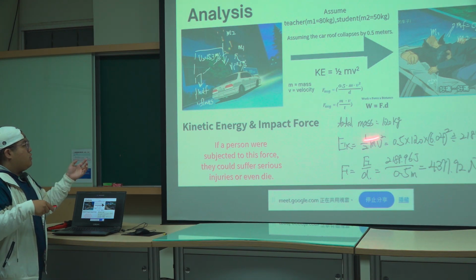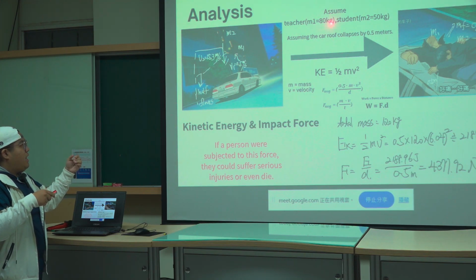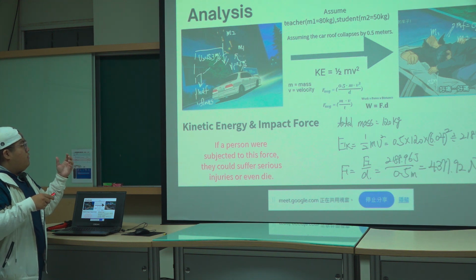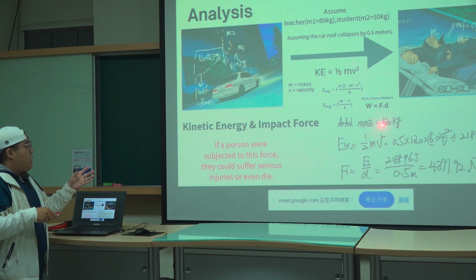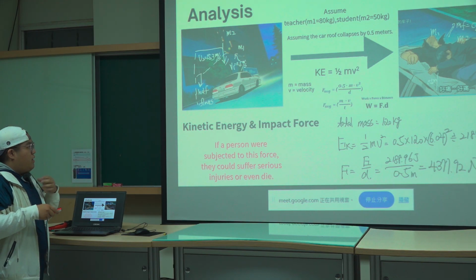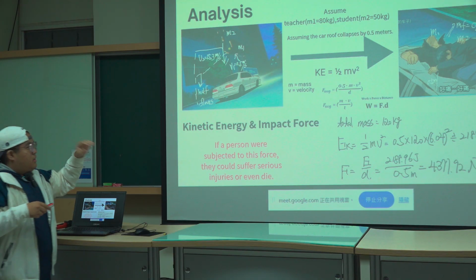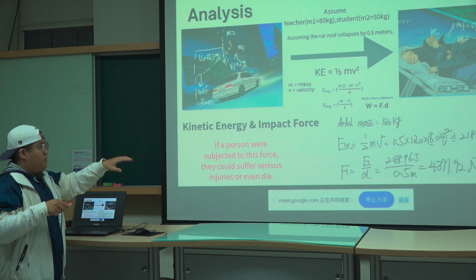M1 equals 80 kilograms and M2 50 kilograms, so the total mass is 120 kilograms, and the car deformation is about 0.5 meters.